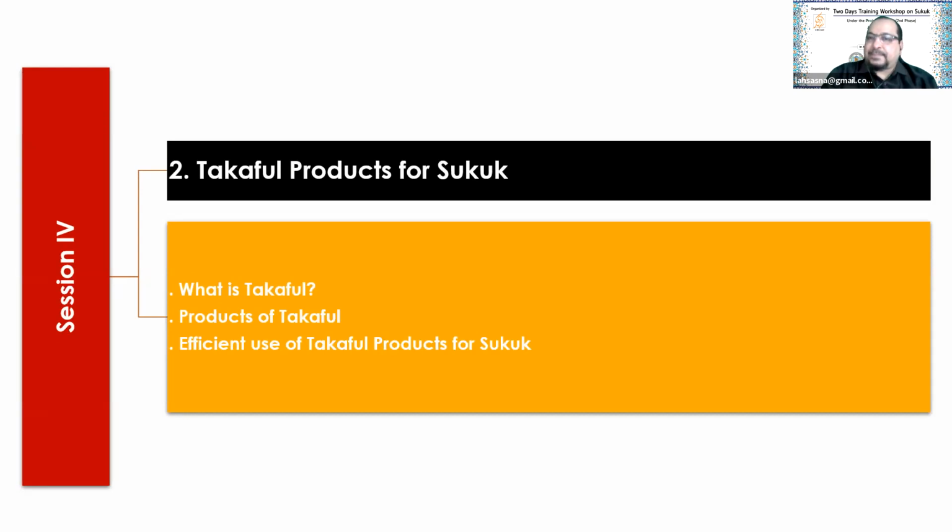Then you go to Salam, or you go to Murabaha. If you don't have something to buy and sell ready, but something to build and sell, then you go for Sukuk Istisna. Then if you don't have something to build and sell, but you have something to build and lease, then you do forward lease.